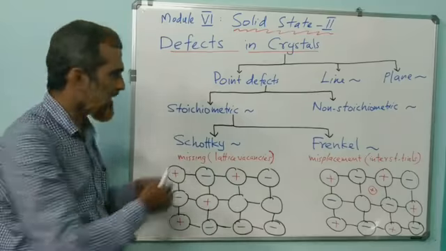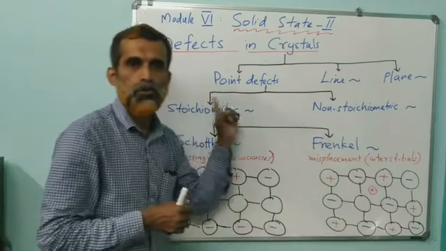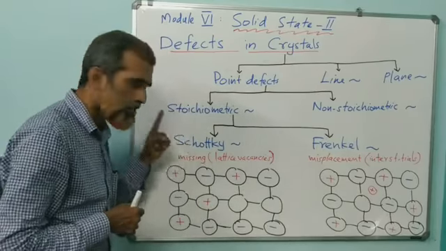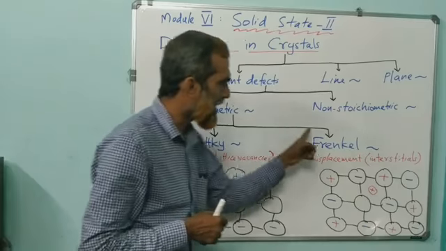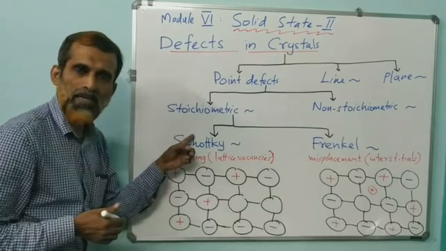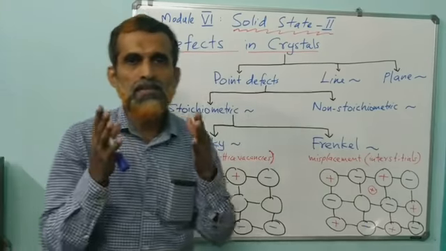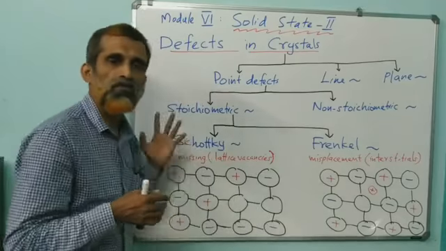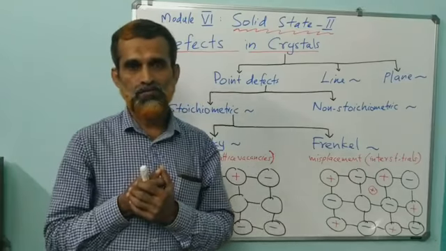Let us first discuss the two types of stoichiometric defects which we have to learn. Very important, that is Schottky defect as well as Frenkel defect. What is Schottky defect? It is a point defect due to missing of ions.